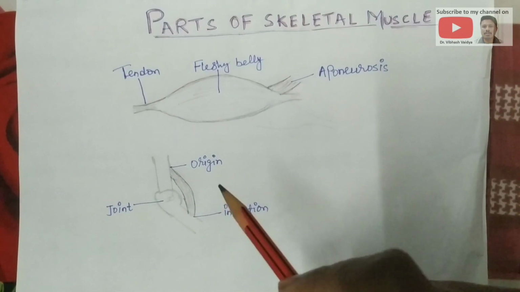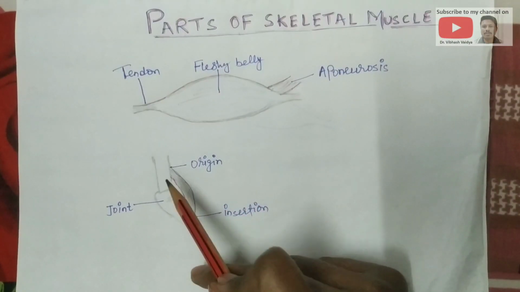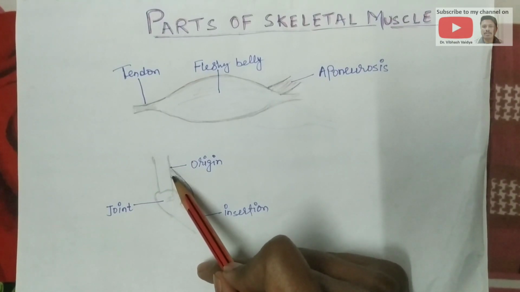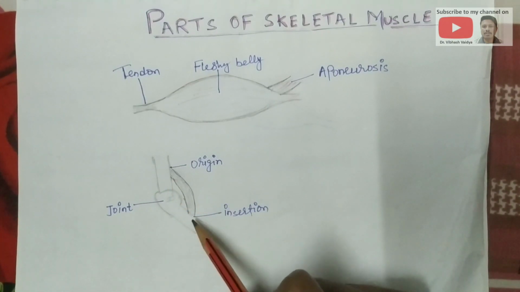Now the fibers of the origin may be fleshy or tendinous. The fibers of the insertion are always fibrous, and if they are cord-like, the fibers of the insertion are called the tendon, and if they are membrane-like, they are called the aponeurosis.